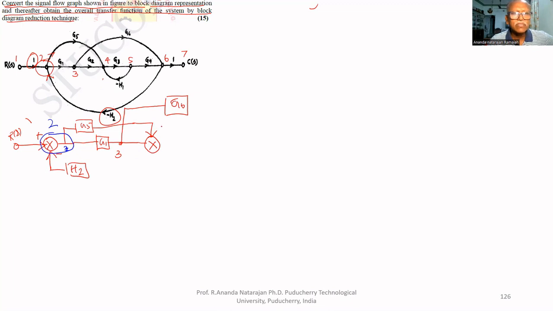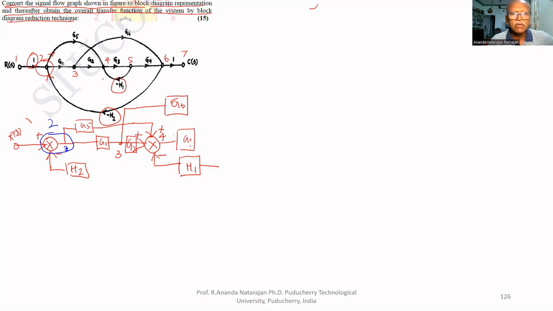G5 is positive and this is also positive. This is minus sign. That's why this H1 is negative feedback. Between node 3 and node 4, there is a block called G2.